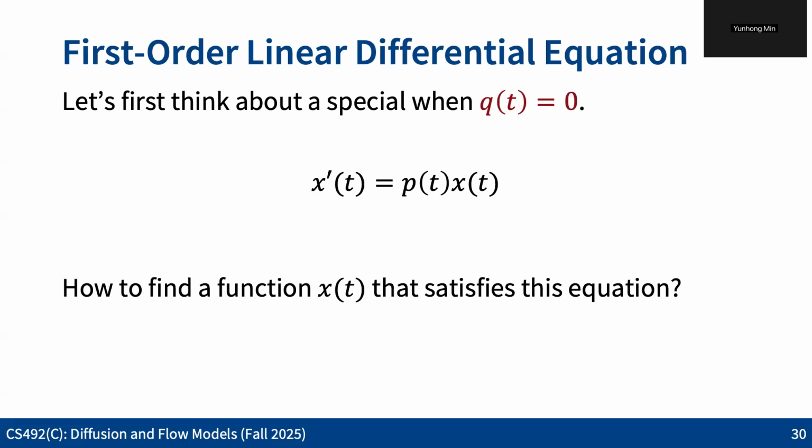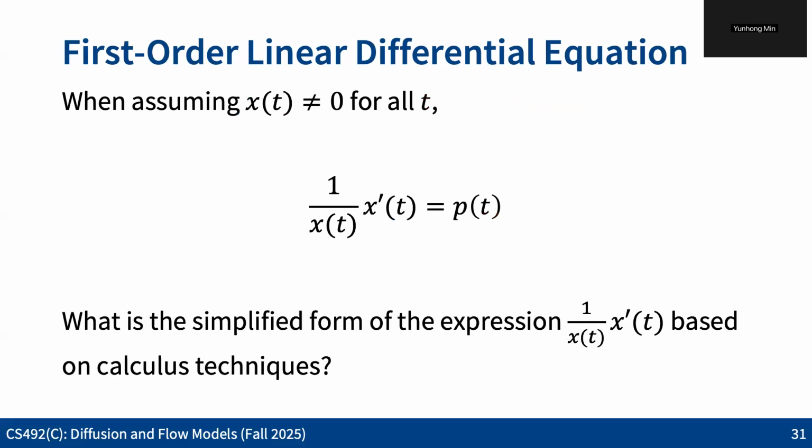Yes, we are going to take some kind of exponential function with x_t. But if we get into the details here, let's assume that x_t is non-zero for all t. Then we can divide each side by x_t.